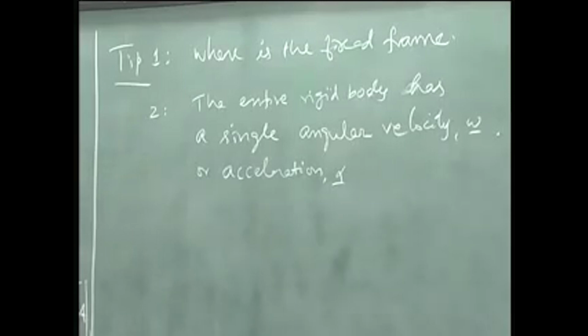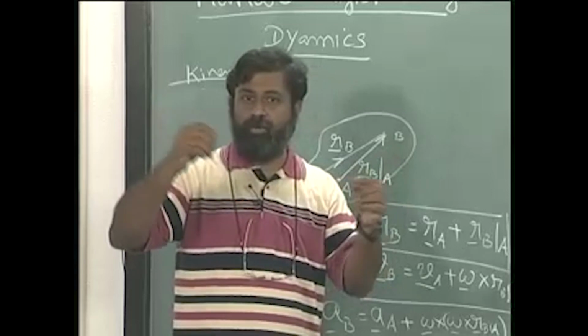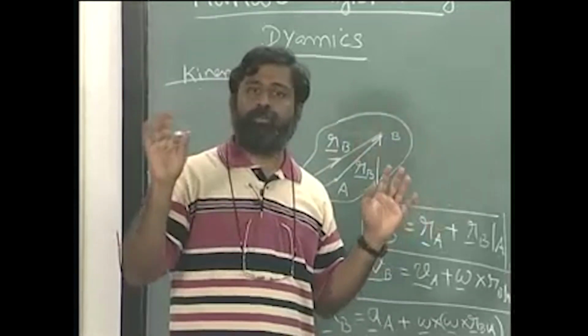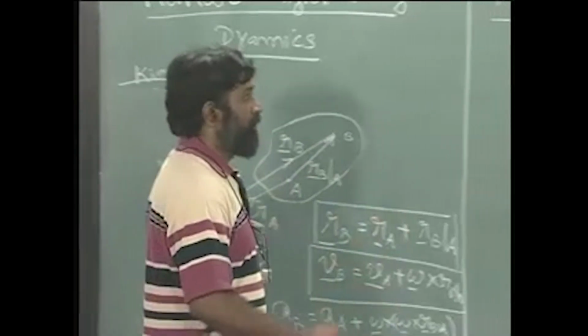This is redundant information, but it is very important because many of us have a quandary. We do not know, how about if I take another point on the rigid body, and so on. Remember, the body is rotating with one single angular velocity or acceleration.